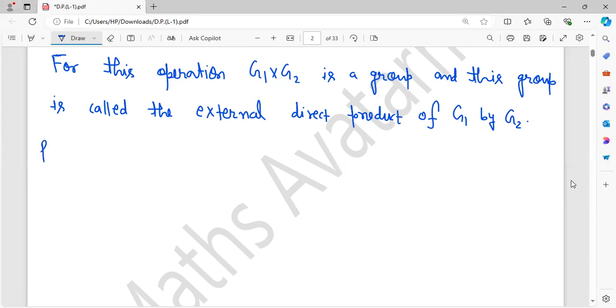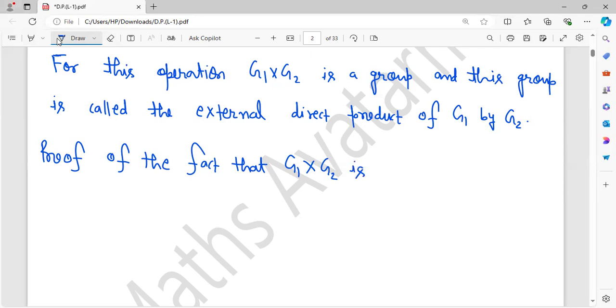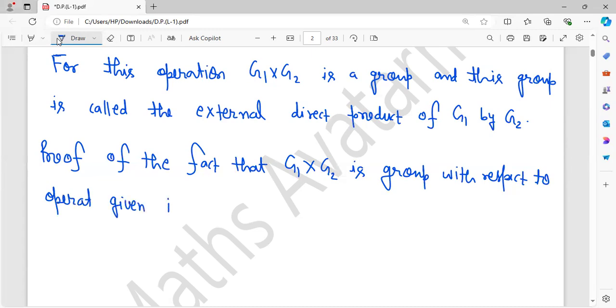So, proof of the fact that G1 cross G2 is a group with respect to operation star.